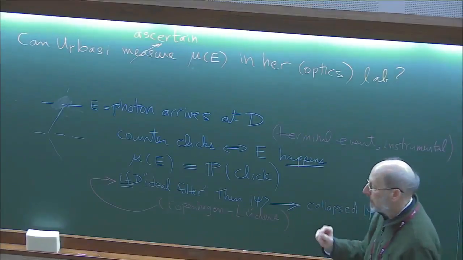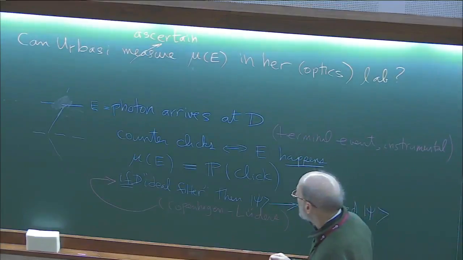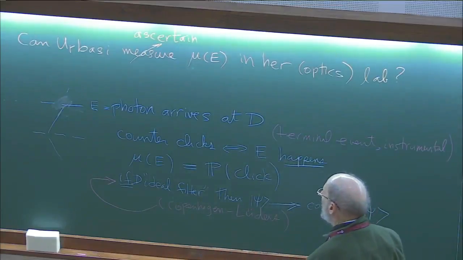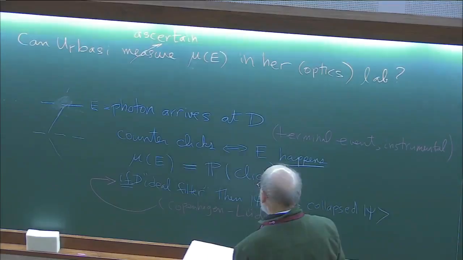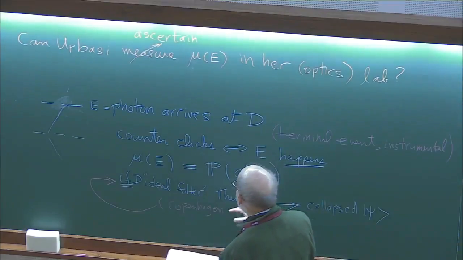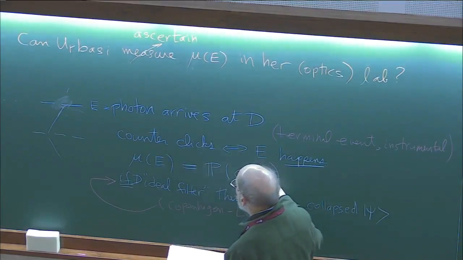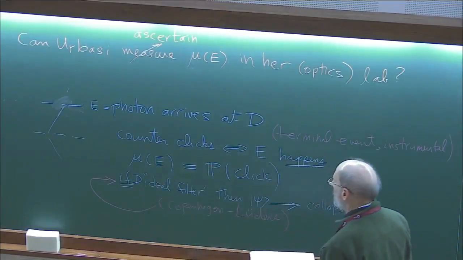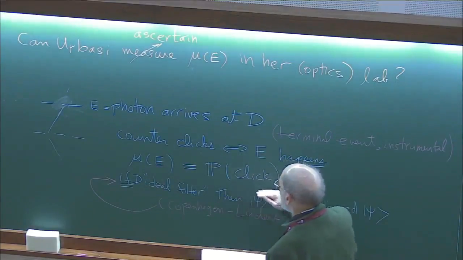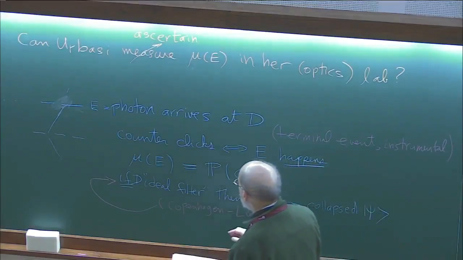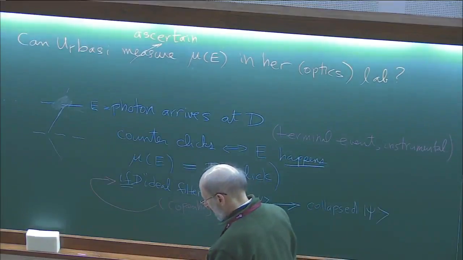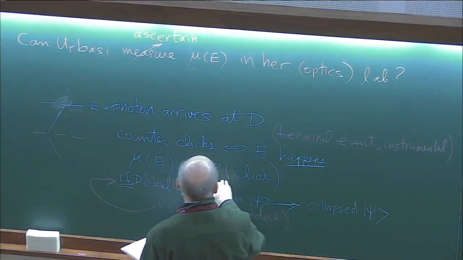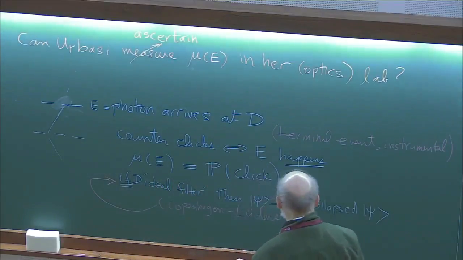If it's in the lower beam, that counts as not a click. Upper beam is a click, lower beam is a non-click. With that setup, we'll see that the probability of a click will be directly related to the measure of the event that we've designed the filter or the detector for, but it won't be an equality anymore. There'll be a factor of proportionality.